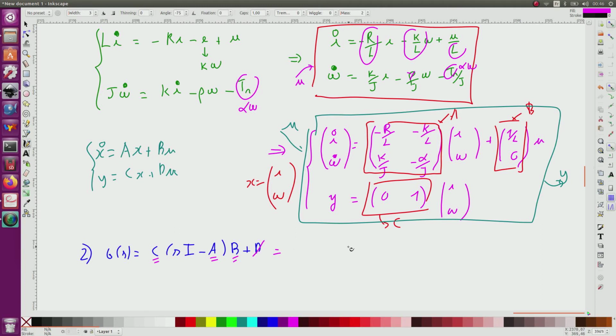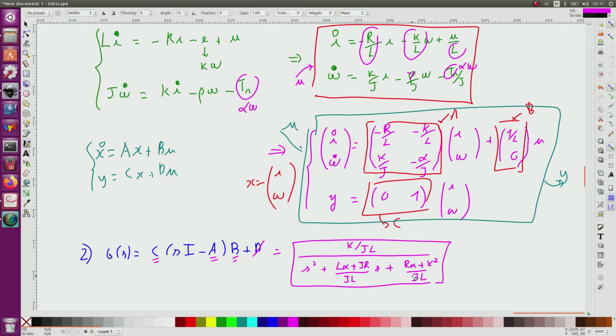If I do this, I obtain kappa divided by JL, divided by S square plus (L alpha plus GR) divided by GL, S plus (R alpha plus K square) divided by GL. So this is the transfer function.